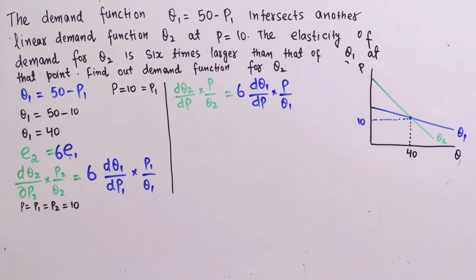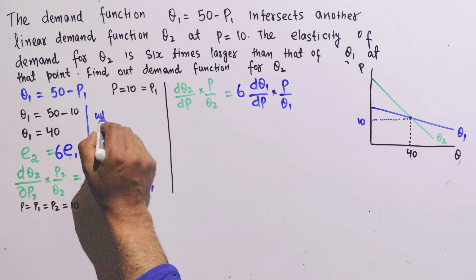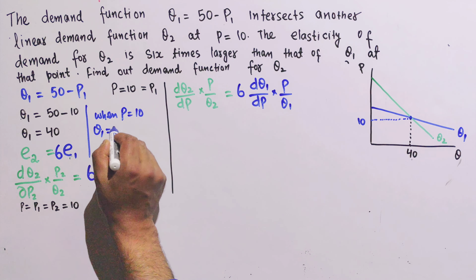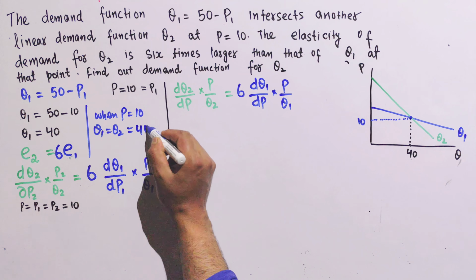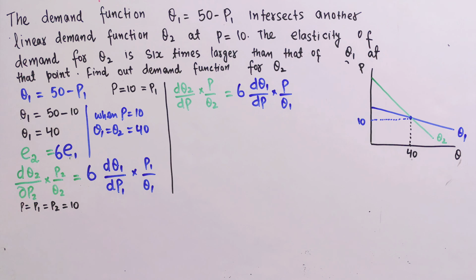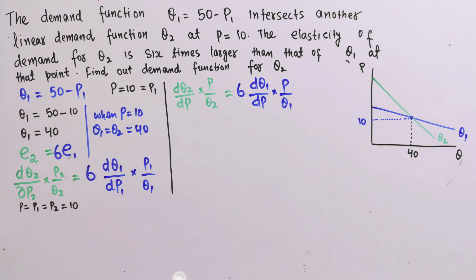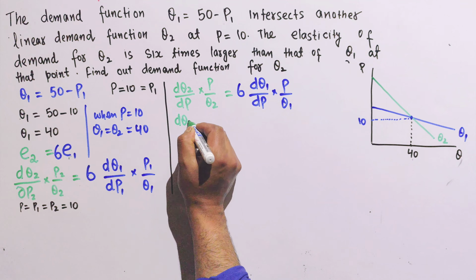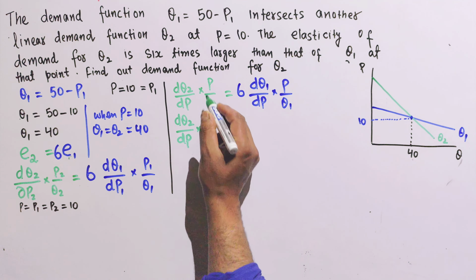And we also know that when P is equal to 10, Q1 is equal to Q2 is equal to 40, which we got here. So we have dQ2 upon dP times what is P?